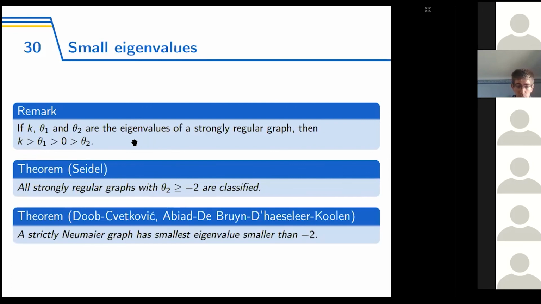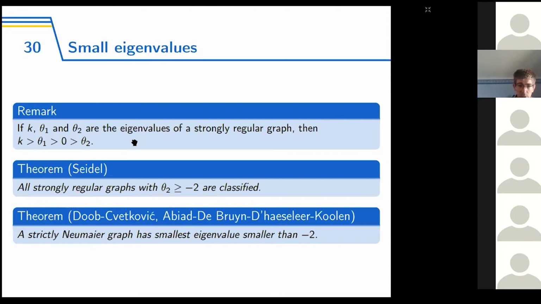So you could ask the same question about strictly Neumaier graphs with smallest eigenvalue at least -2. But if you combine the results of Du, Koolen and Abiad, Brouwer, Cioabă and others, then you can see that a strictly Neumaier graph must have smallest eigenvalue smaller than -2.